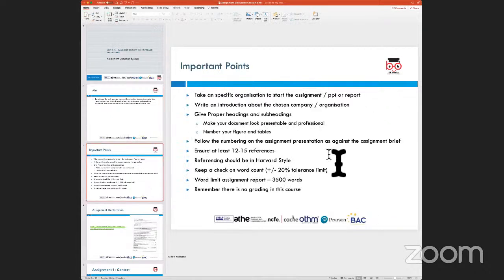Now, some of the important points that I would mention are that we're looking at putting together an assignment, or the activities that you would do, task 1, 2, and task 1 in assignment 2. You're looking at compiling evidence in the form of a PowerPoint presentation and a Word document, and this would be roughly about 3,500 words in terms of word count.